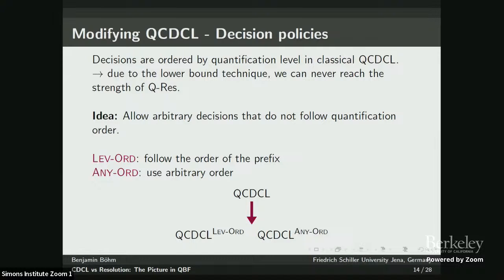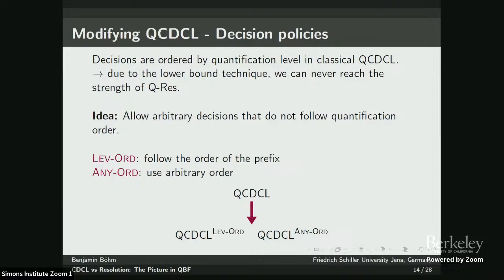So our idea is just to allow arbitrary decisions that do not follow quantification order. It's as easy as it sounds. So now we have these two policies. The first one, lev ord, is just level order decisions, or decisions that follow the quantification order, and the other one, any ord: you can use any order for decisions.